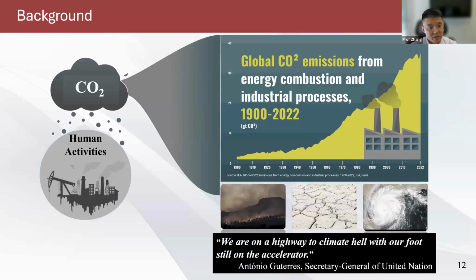We are extensively experiencing the consequences of climate change, for example, more frequent, more impactful extreme weather events such as wildfire, drought, tropical storms. That's why the Secretary-General of the United Nations, Mr. Antonio, said we are on a highway to climate hell, but our foot is still on the accelerator.